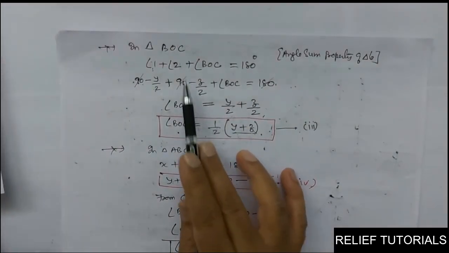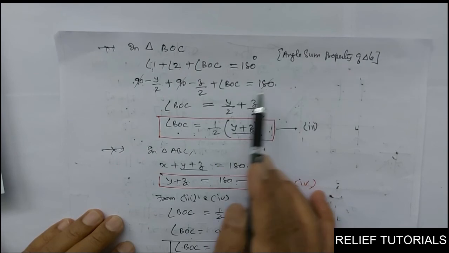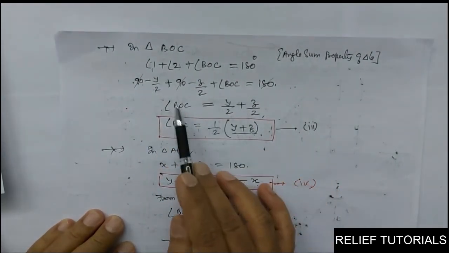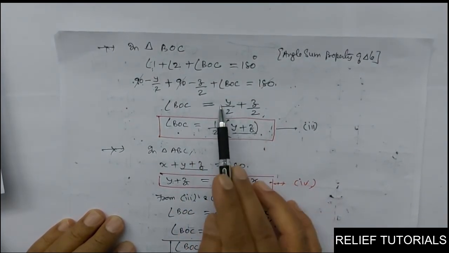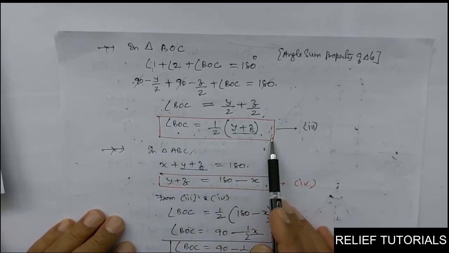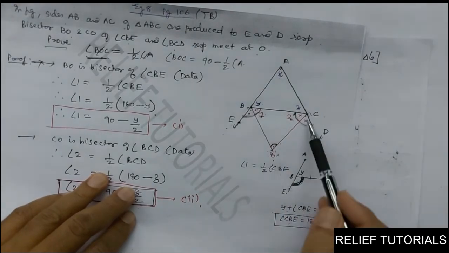So substituting, 90 minus y by 2 plus 90 minus z by 2 plus BOC is equal to 180. Now 90 plus 90 is 180, and 180 cancels. So angle BOC minus y by 2 plus y by 2 minus z by 2 plus z by 2. I will take half common, so y plus z. So we got BOC is equal to half of y plus z. Over.